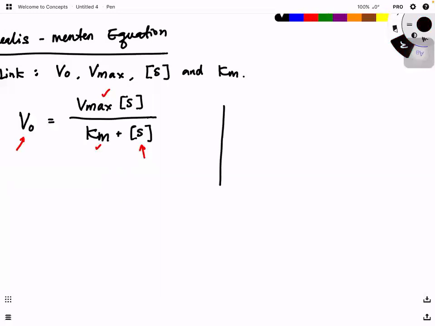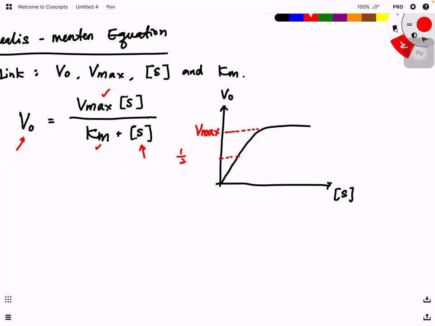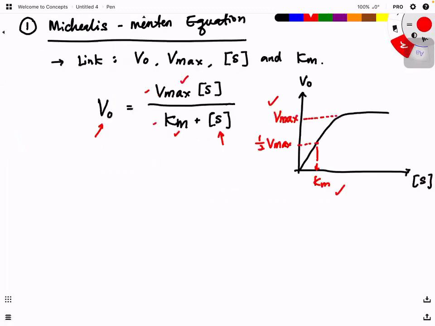You can get it from the V naught versus substrate concentration curve. This is where we get the Vmax. And from the Vmax, we halve the Vmax, then I will be able to get the Km. So I can substitute this Vmax value and Km value here. Therefore, I can have the equation.